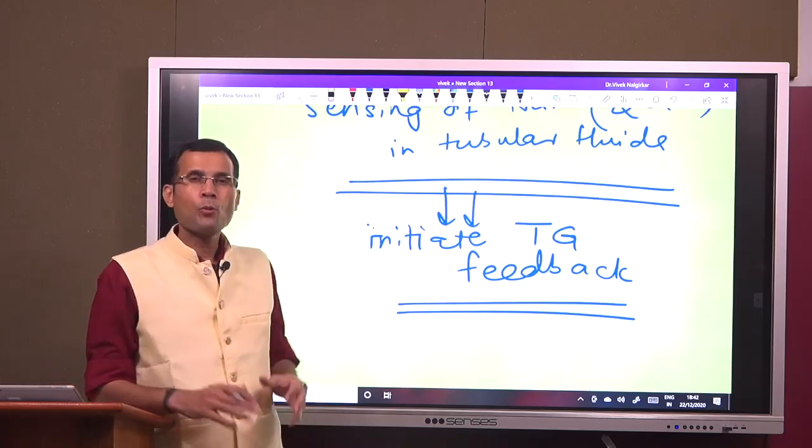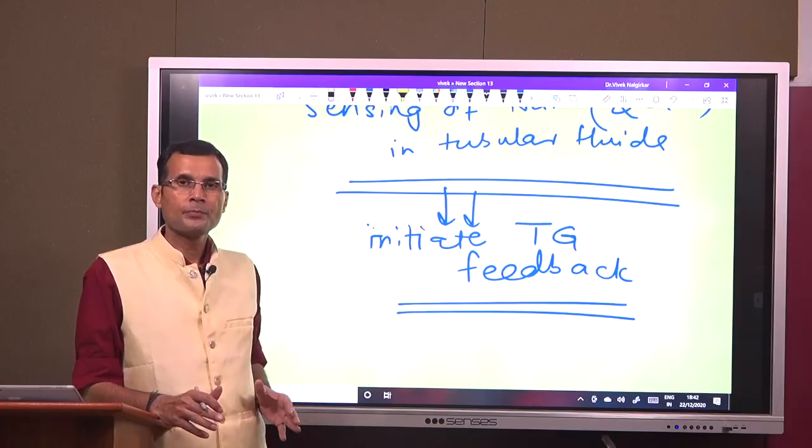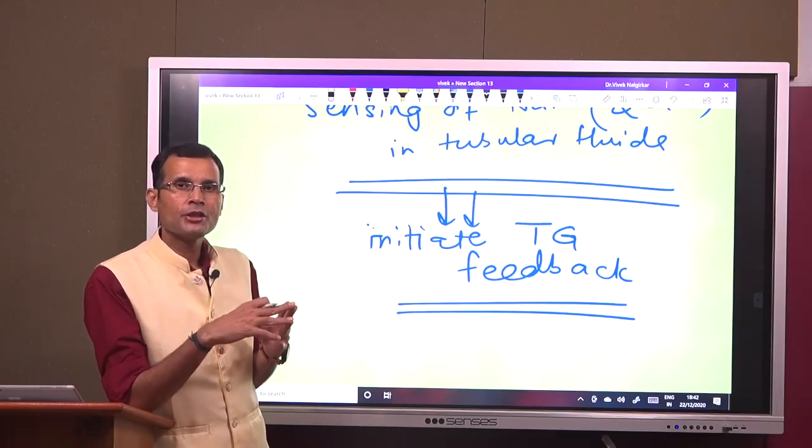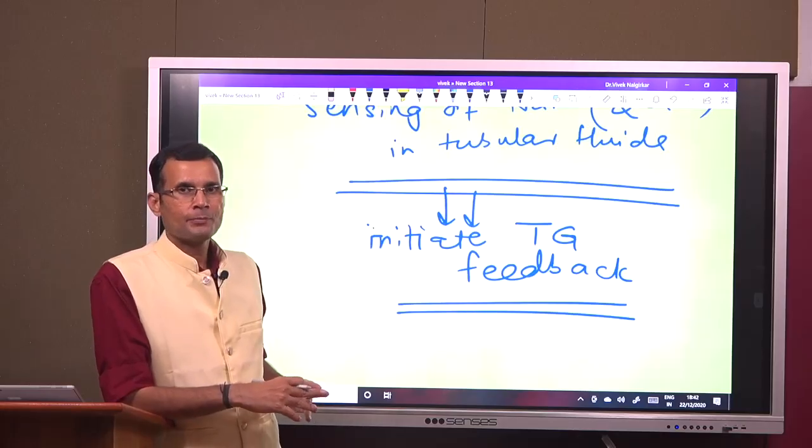Tubuloglomerular feedback, very important mechanism for the body physiology, very important mechanism.